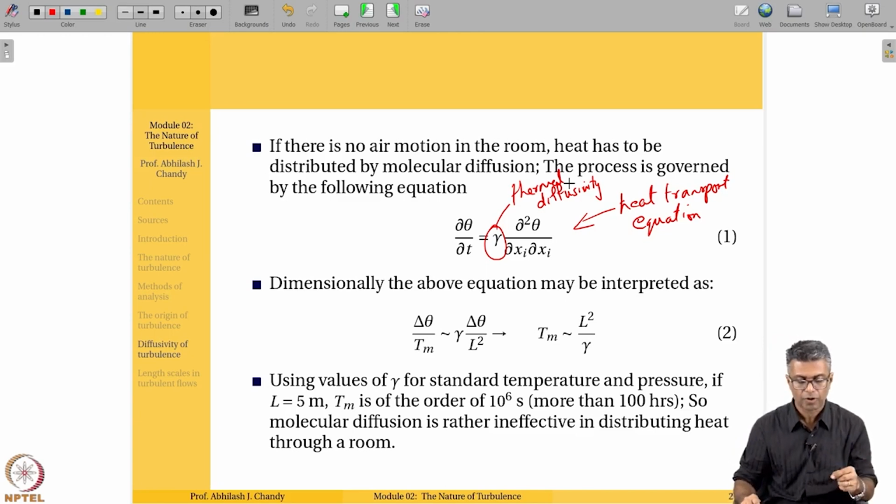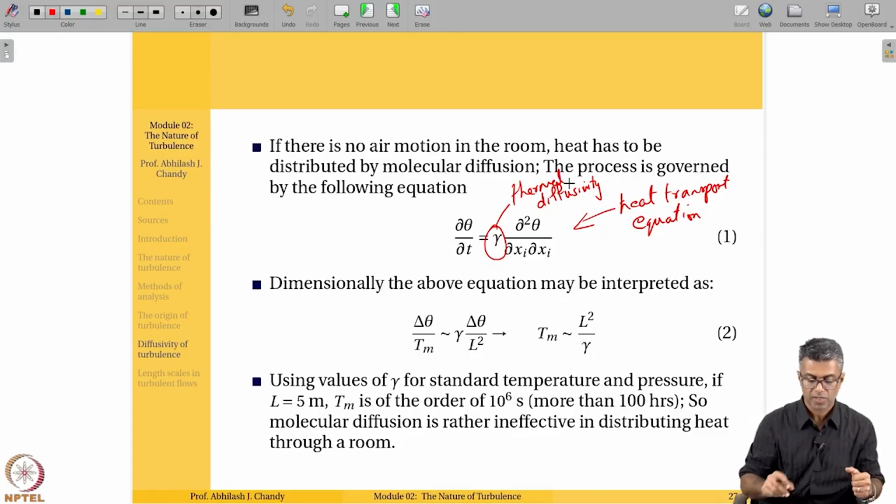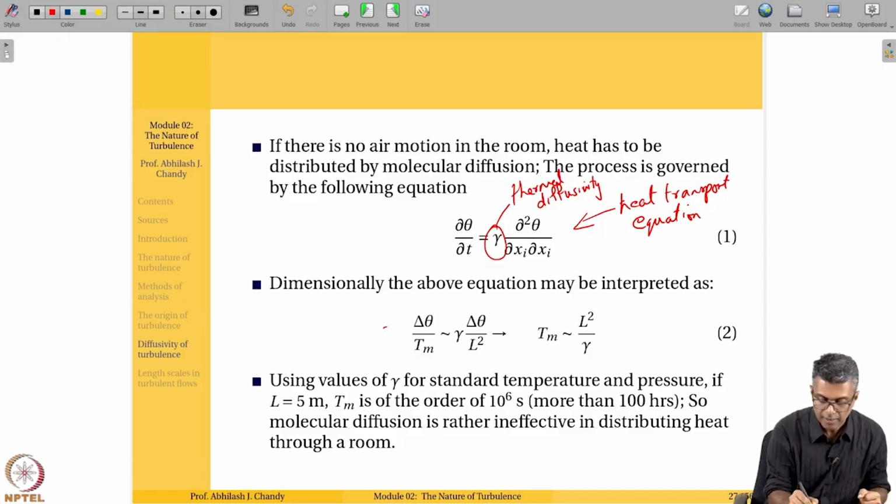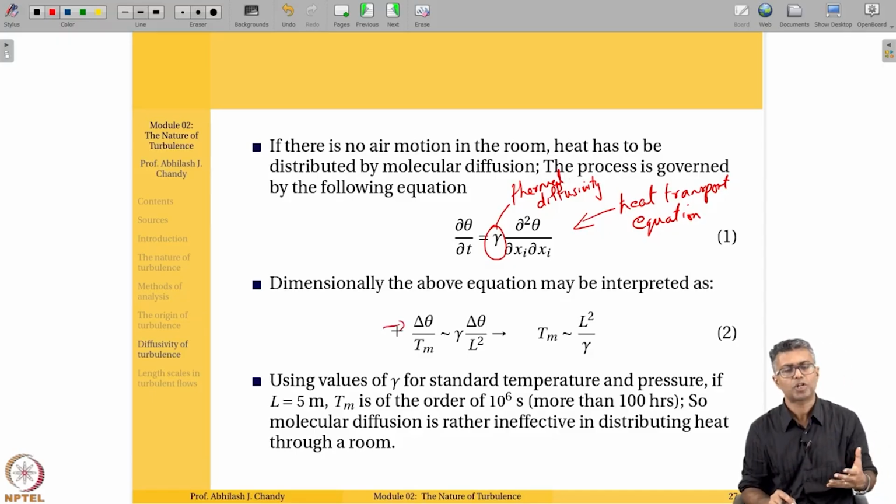So I can think of, on the left hand side, del theta, say it could be interpreted as delta theta. So that is this equation number 2 that I'm showing here. Delta theta, which is dimensionally of the same order as del theta.